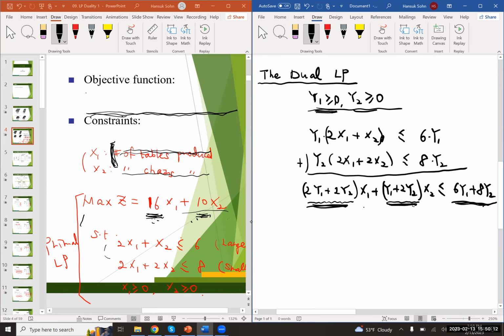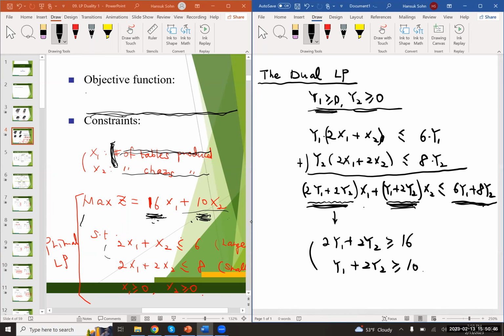So what you need is 2y1 plus 2y2 greater than or equal to 16, and also y1 plus 2y2 greater than or equal to 10.